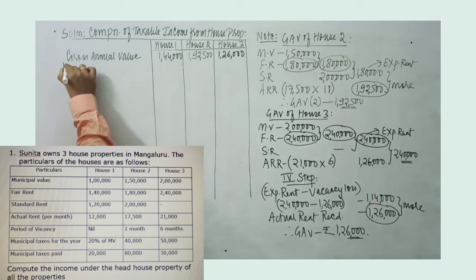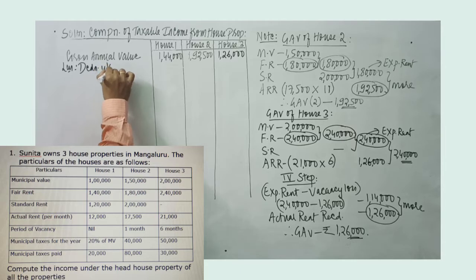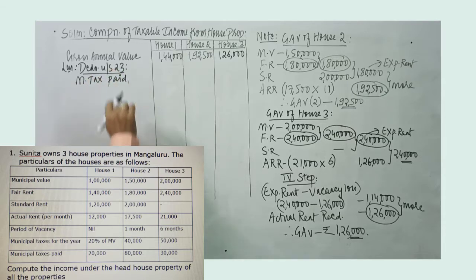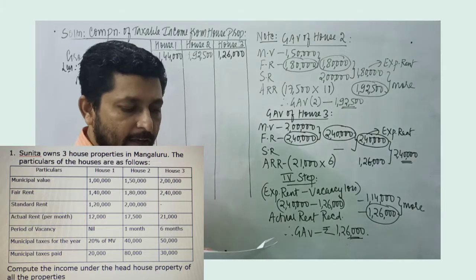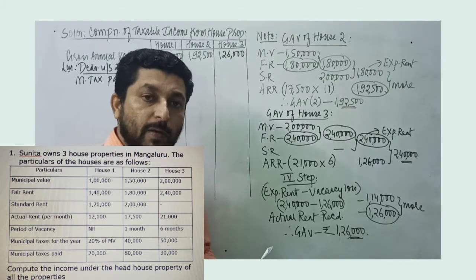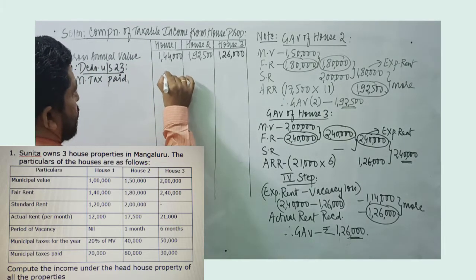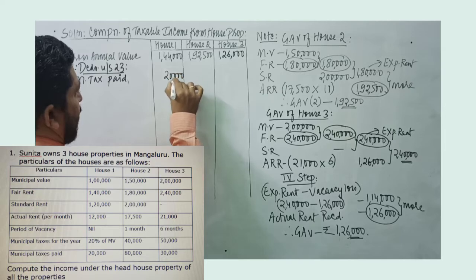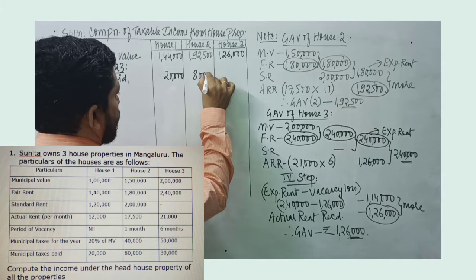Then we take less deduction under section 23, that is municipal tax paid. Now in this problem there are two terms given. One is municipal taxes for the year, and second is municipal taxes paid. Under section 23, we claim deduction for municipal taxes paid. For house 1, municipal tax paid is 20,000. For house 2, it is 80,000.